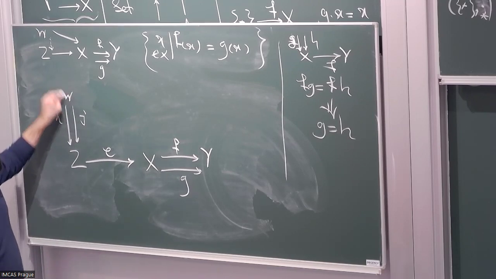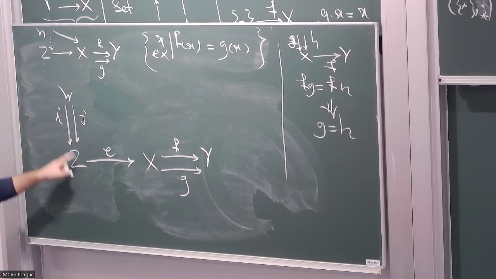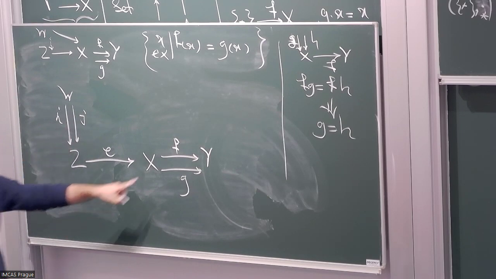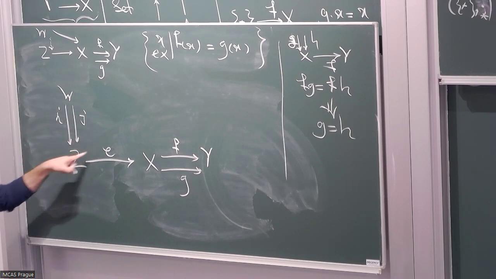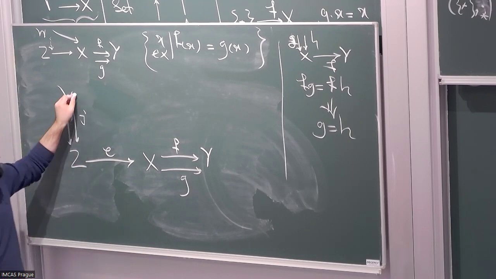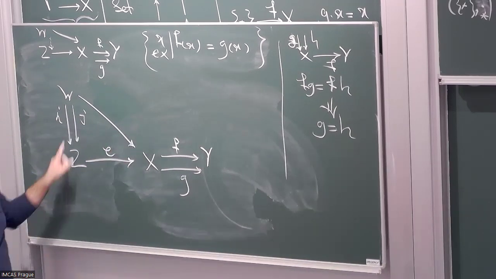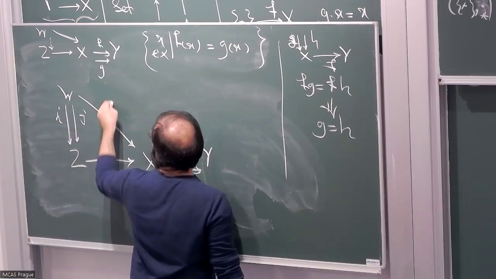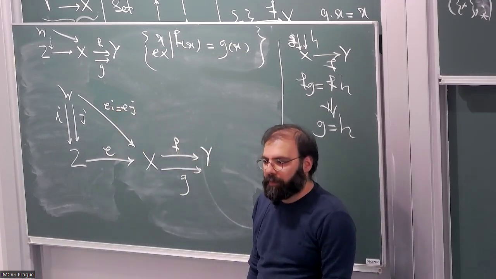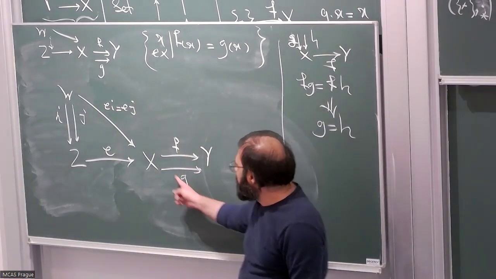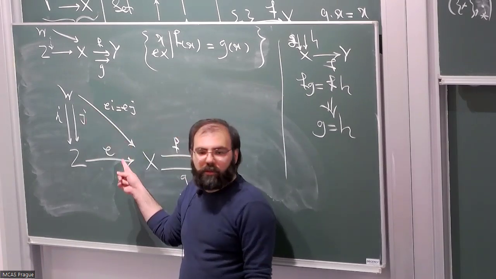So, first, FE and GE are equal, right? And EI and EJ are also equal. So you have a map here, EI equals EJ, and F and G composed with this map are equal.